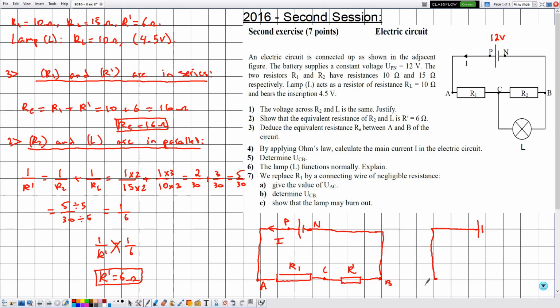This is the point A. Across A and B we have the equivalent resistance given by Re, E stands for equivalent, and B back to the negative pole of the battery. This is the point B, and the circuit is being traversed by the electric current I. So let me write down here the value of Re, which is 16 ohms.